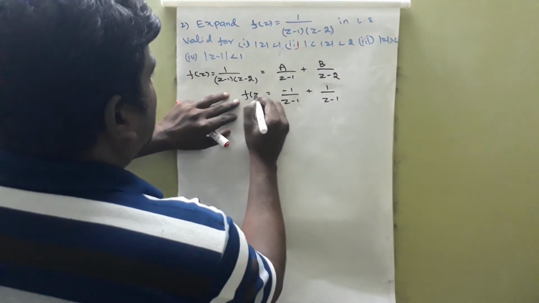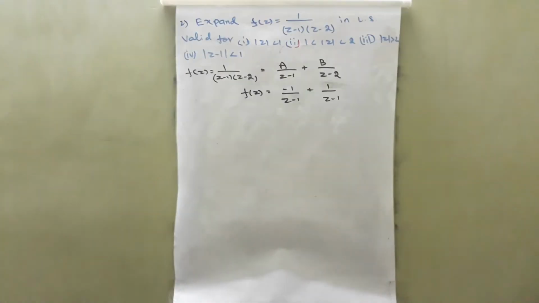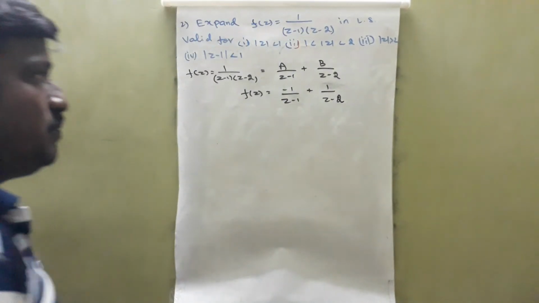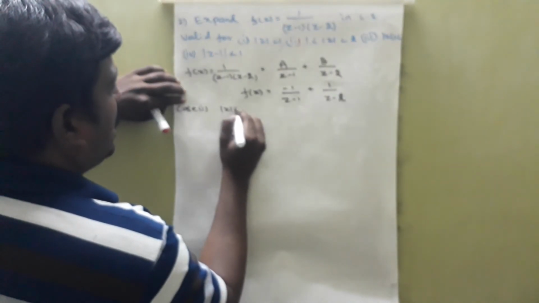Okay. So now I have my f of z is minus 1 by z minus 1, the second one is 1 by z minus 2. Clear? Directly I can apply case 1. What's case 1? My case 1 is modulus of z less than 1.